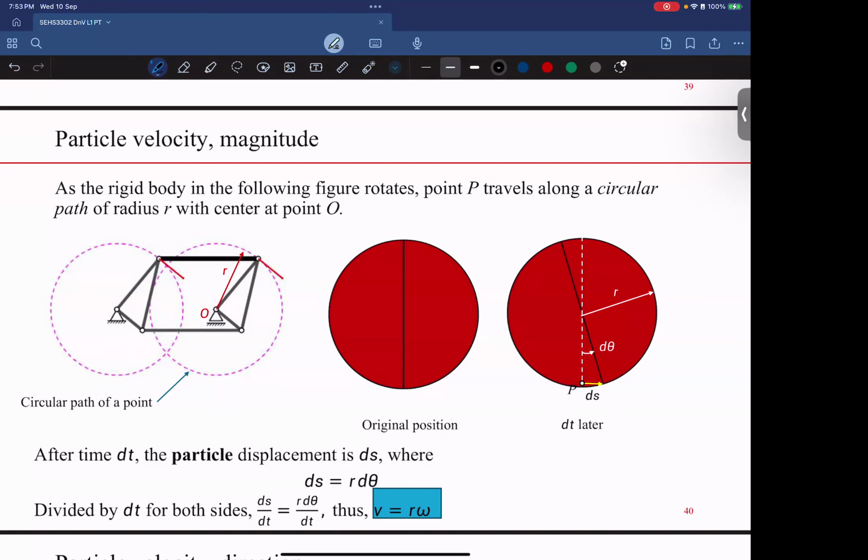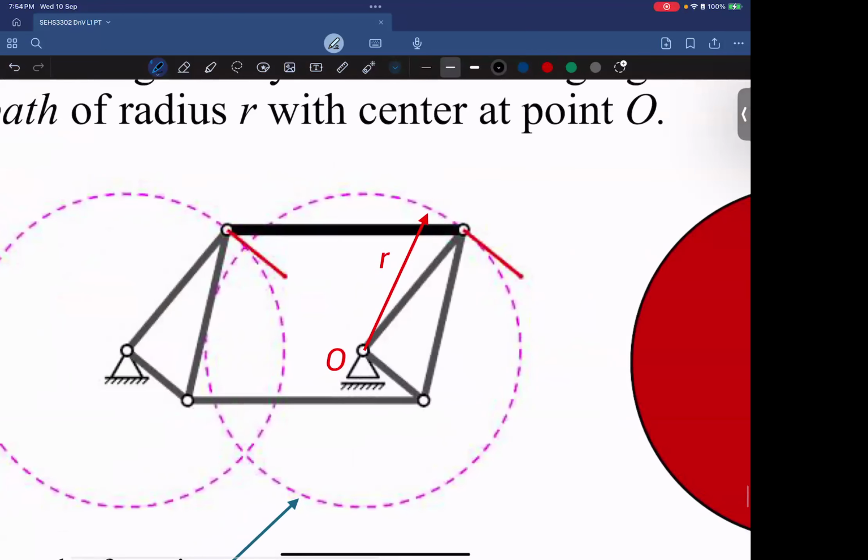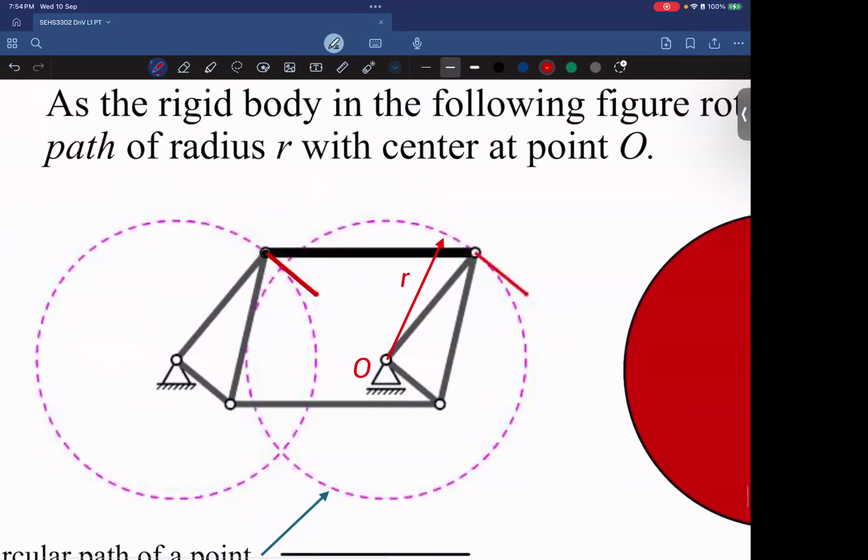In other words, if we have a point like this, it's very easy to find out the velocity direction of such a point. How to find it? We have two steps. First step, we find out the center of the rotation.